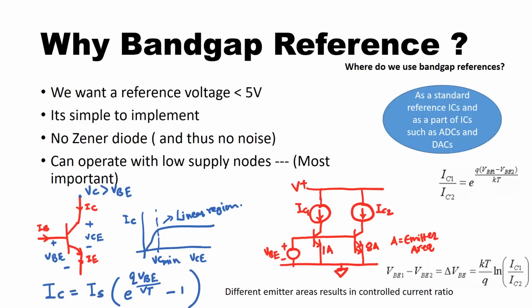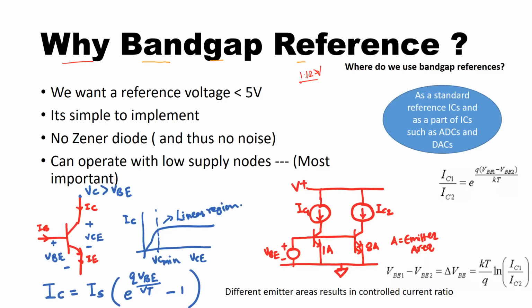Now, in this talk, we are discussing the voltage reference, and in particular, the band gap voltage reference. So the first question that arises is, what is a band gap reference and why do we need it? A band gap reference is a voltage source whose output reference voltage is equal to 1.12 volts.